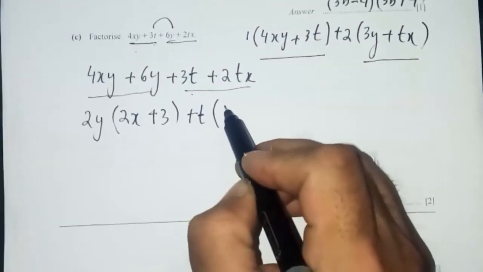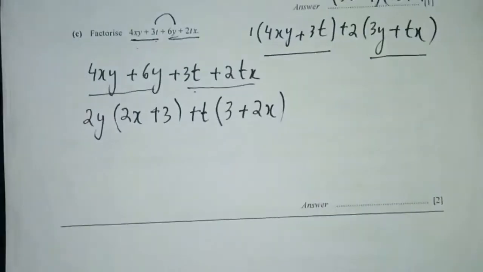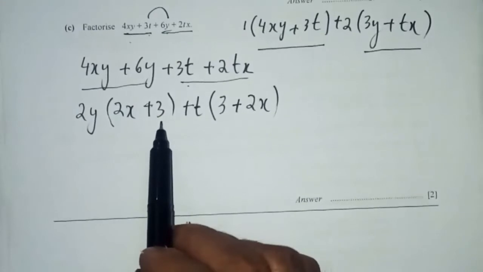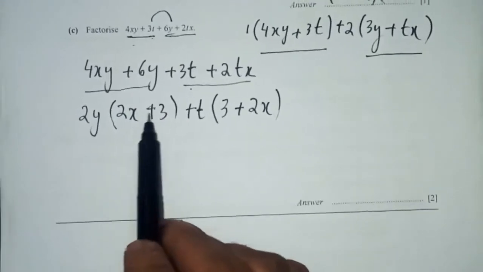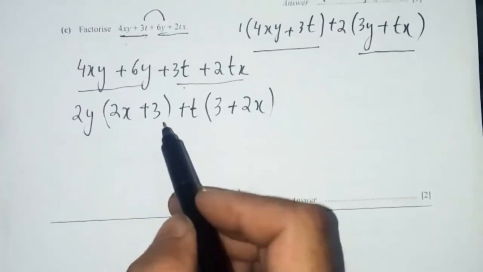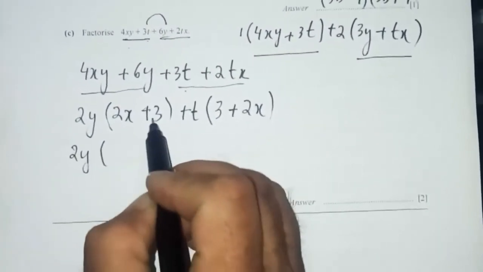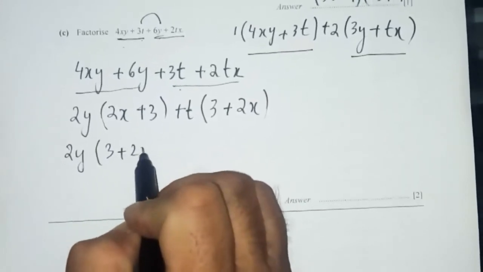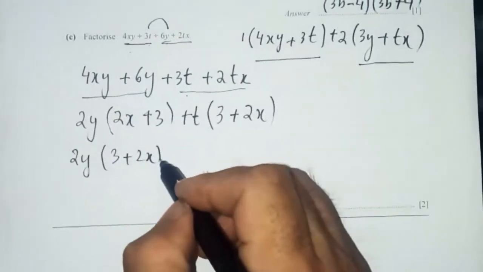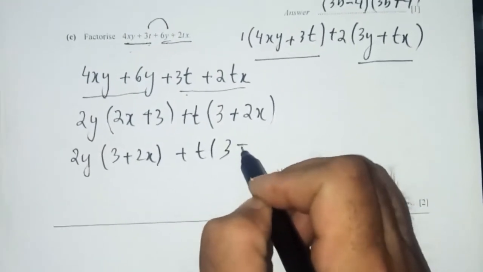And what is left here? 3 plus 2x left here. And you should know that when there is a plus sign between two terms, we can switch them. There will be no change of sign. So I can write it like this: 3 plus 2x. It does not matter. Plus t and 3 plus 2x.